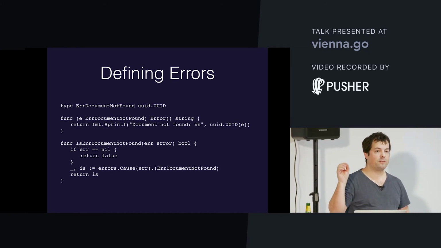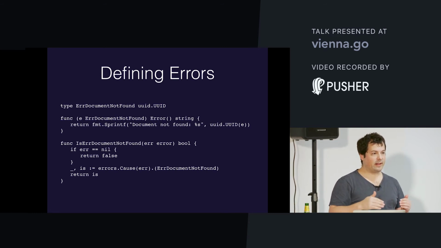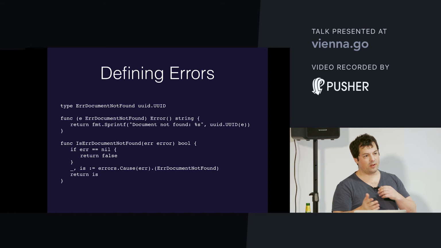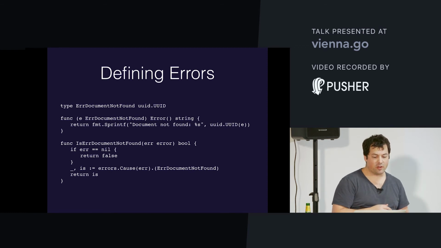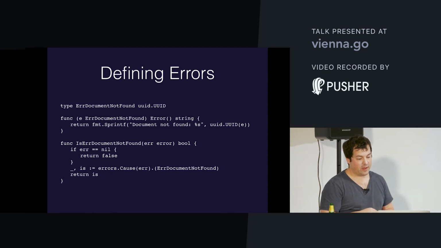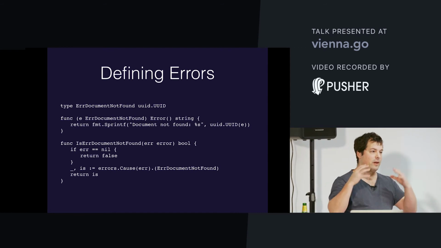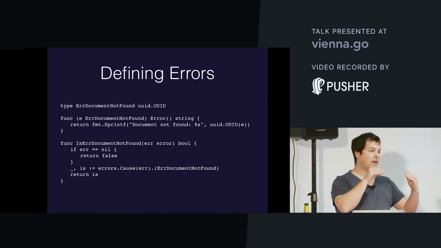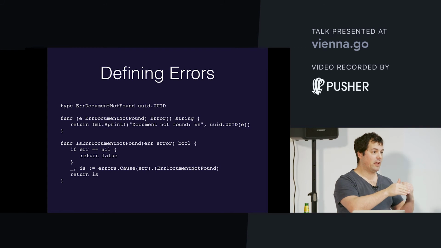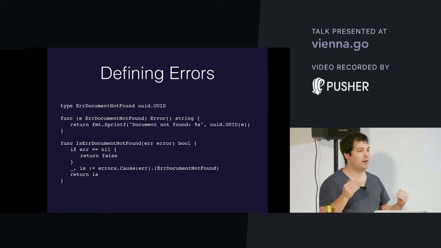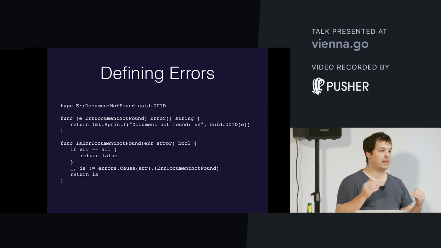So usually if you return errors in Go, if you want to do some error handling, you have to check what type of error you are using. And because we're using this errors package that does wrapping of errors, you don't get the original error. And in that case, if you just check for the type, you wouldn't get the right type.